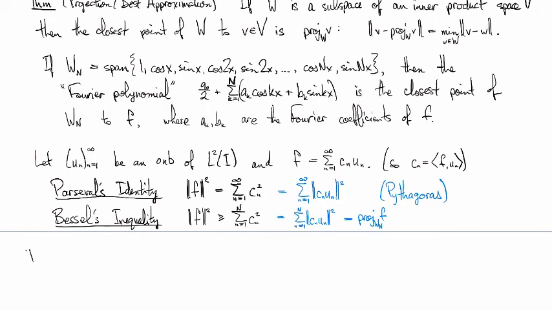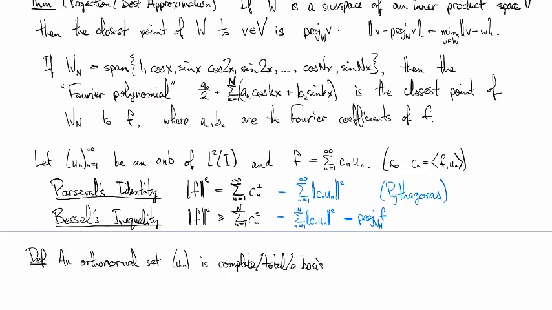And so one term that will come up from time to time is we say that an orthonormal set un is complete, or sometimes we say it's total, or sometimes we say it's a basis. All these mean the same thing.